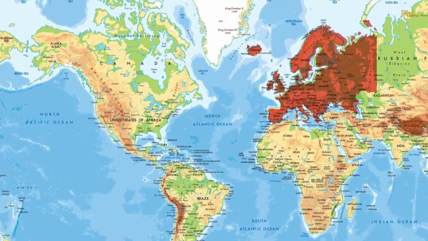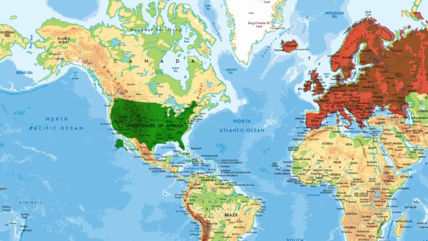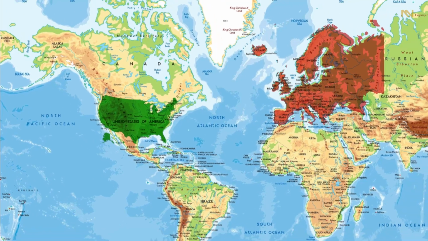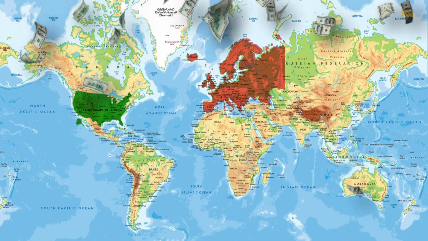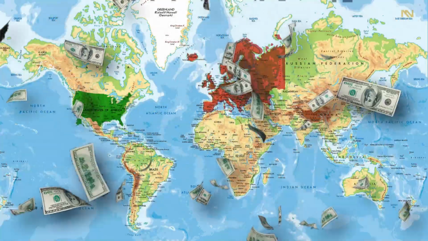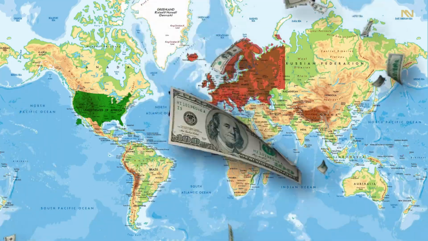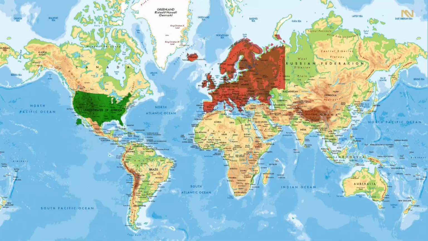Into this uncertain world stepped the United States. By the end of the First World War, the U.S. had emerged as a major economic power with a rapidly expanding industrial base and a growing financial sector. The U.S. dollar was already widely used in international trade, and American investors were eager to lend money to European nations needing funds to rebuild after the war.